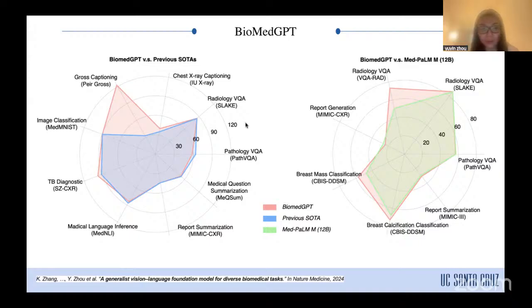We find that it can achieve better results than the previous state of the art in all these different image or multimodal tasks. This is also our comparison with the previous MedPaLM, which was released by Google DeepMind using their own language model, the PaLM model. We can see that we also show very competitive results, and sometimes even better results than the MedPaLM model.